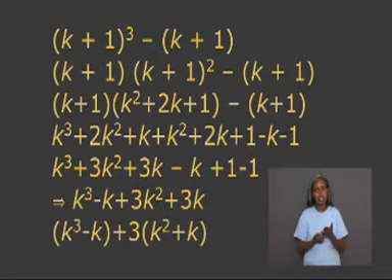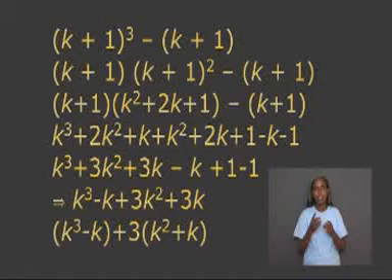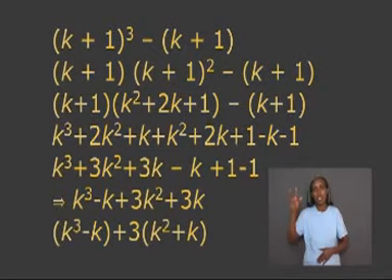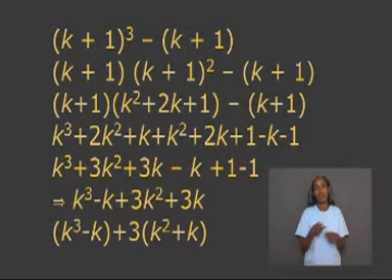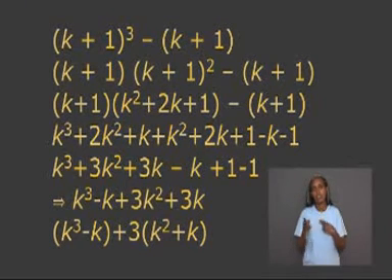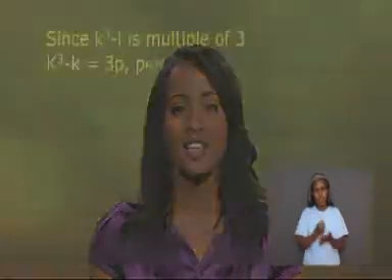This may be expressed as the difference of k cubed minus k, plus the product of 3 times k squared plus k. That is all we need to make our proof, students.